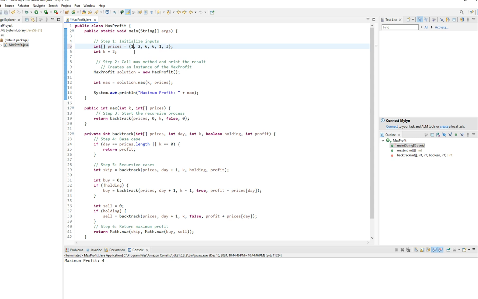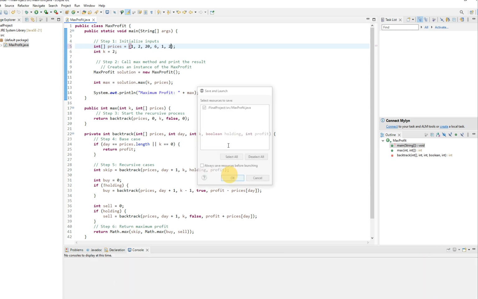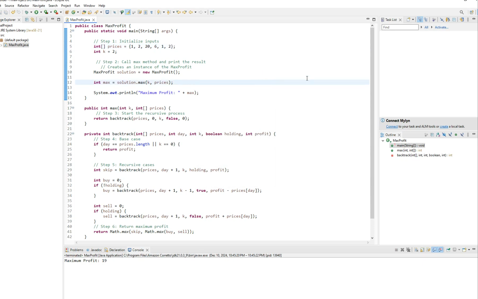So that's correct. So let's do, for example, 1, 2, 0. Let's see. Oh, save. 19. You see, that's the maximum profit because we have 19 here. So yeah, that's all. Maybe we can try another one, changing to 0 here, 2 here.